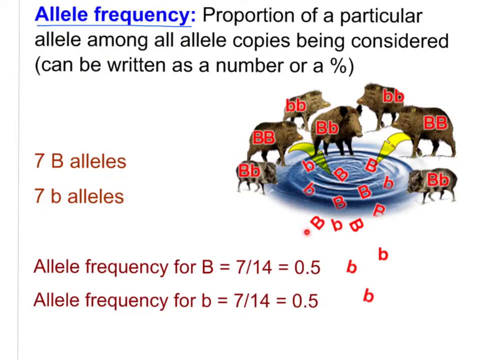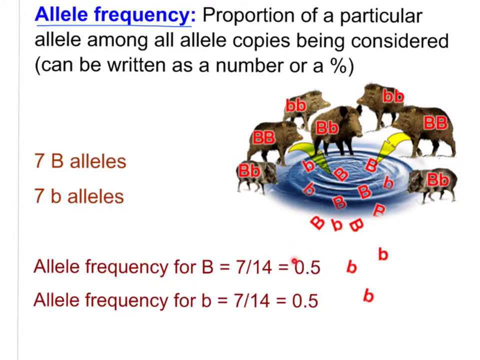If we just look at the gene pool here, we've got all these different organisms contributing for this particular trait. There are different alleles to this pool, and if we look in this pool, we have a total of 14 alleles. 7 are capital B dominant, 7 are the recessive alleles. The allele frequency for the dominant allele is 7 divided by 14.